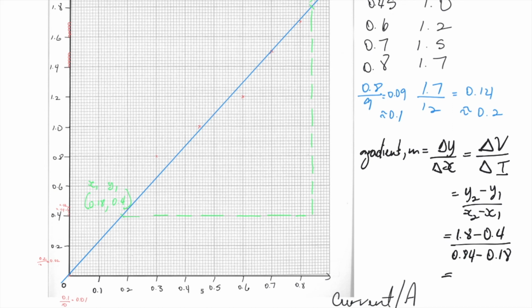Now if I plug that into my calculator, I get 1.8 take away 0.4, divided by 0.84 take away 0.18. That gives me 2.12.